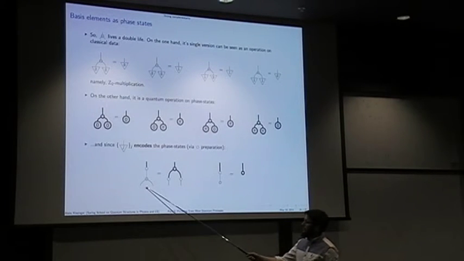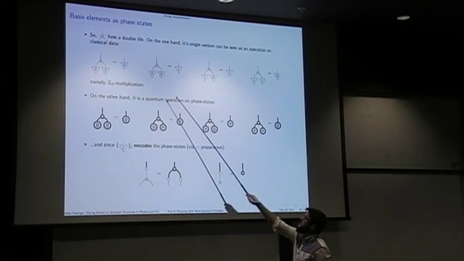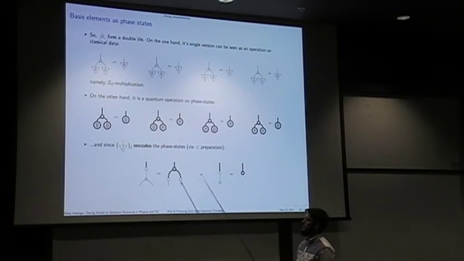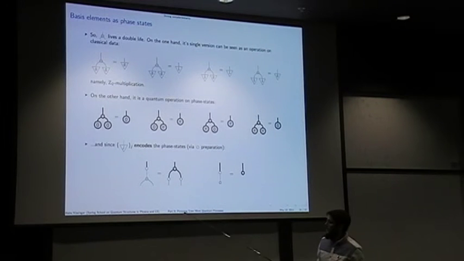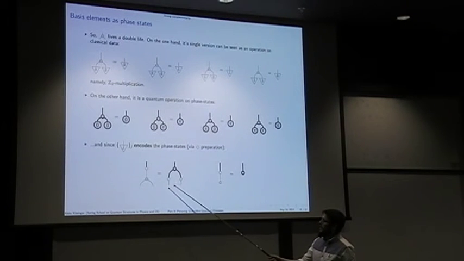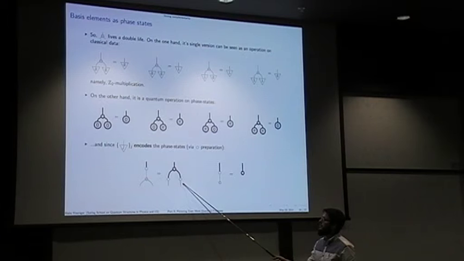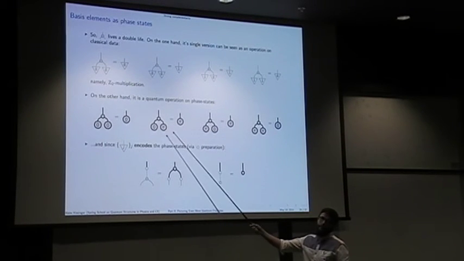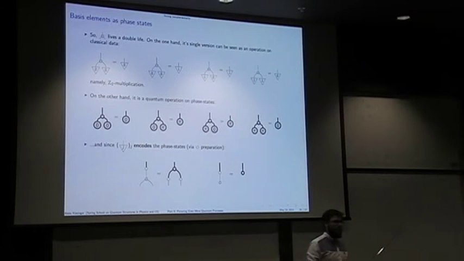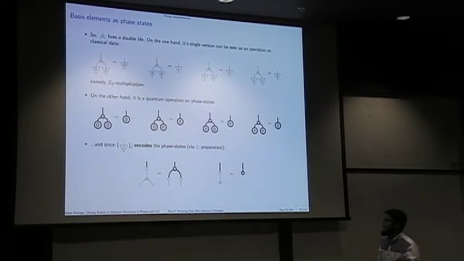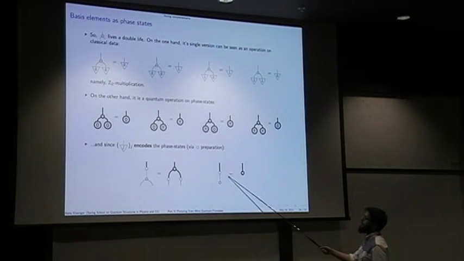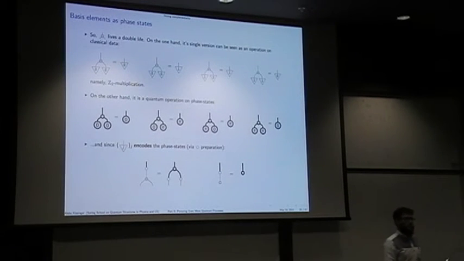So if I take 2 white basis states and I XOR them, and then I prepare it as a quantum state, that's the same thing as if I prepare 2 quantum states and then I do this sort of quantum XOR operation on them. Right?